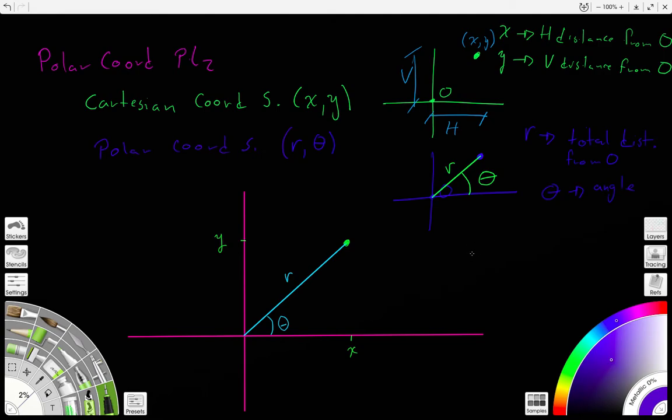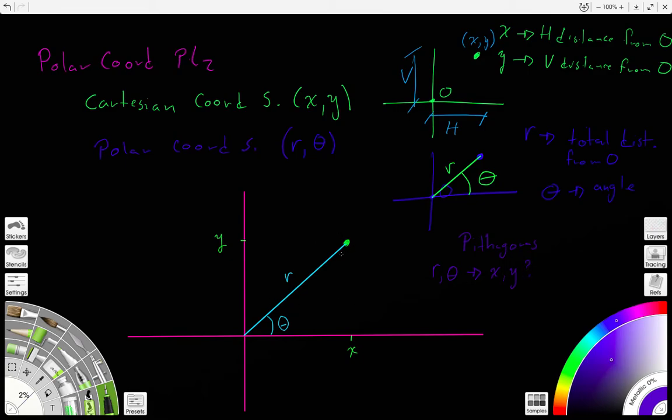We need to use the Pythagorean theorem. So Pythagoras. I think that's how you spell it, or with a y. I'm not sure. Okay, but el teorema de Pythagoras. So how do we get, if we have both r and theta, how do we get x and y? Well, it's very simple, right?